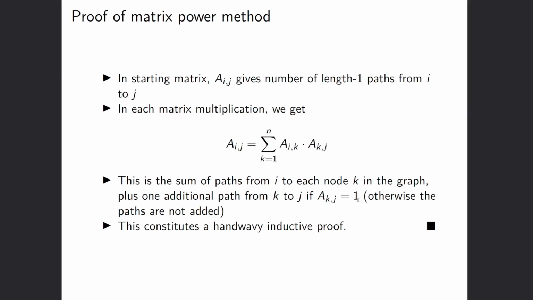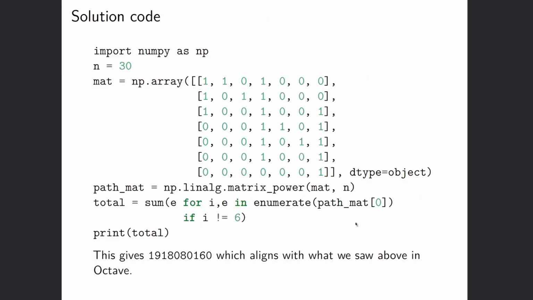So this is our base case up here, the length 1 paths. And this matrix multiplication shows that if the predicate is satisfied for n, then it's satisfied for n plus 1. So this is basically a hand-wavy inductive proof, but the logic is there.